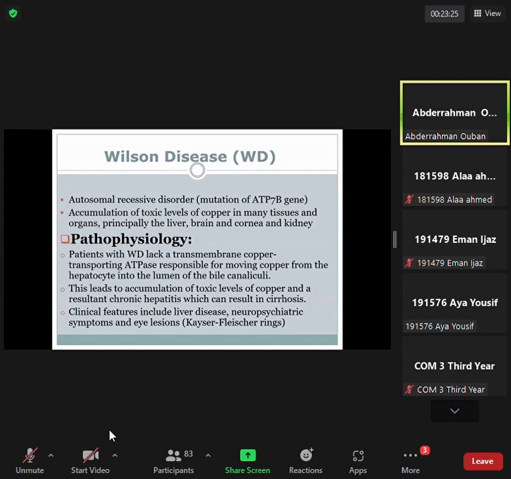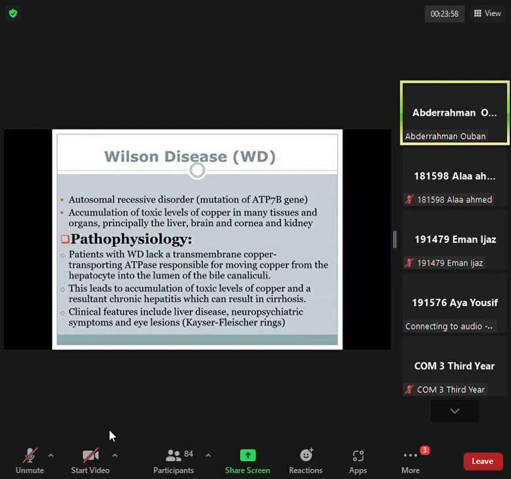As we have seen in hemochromatosis, there is a genetic insult here. The genetic insult is in the protein carrier. In patients with Wilson's disease, the gene coding for the protein carrier that transfers the copper to the biliary duct is faulty, so there will be no transfer, and rather, the copper will start to accumulate in the liver itself.